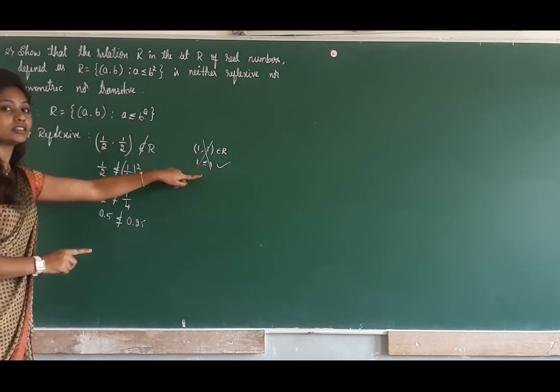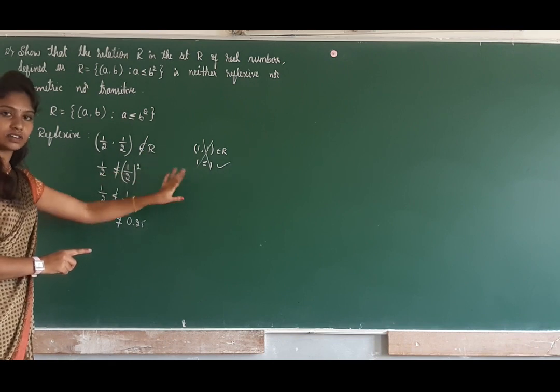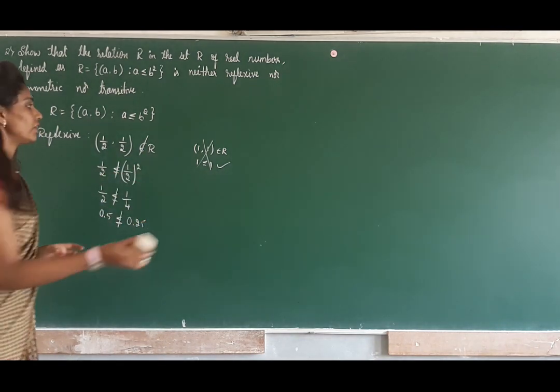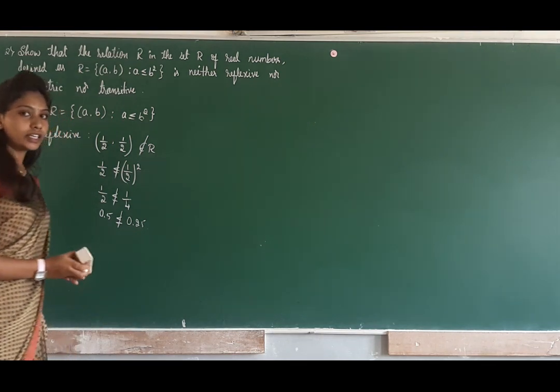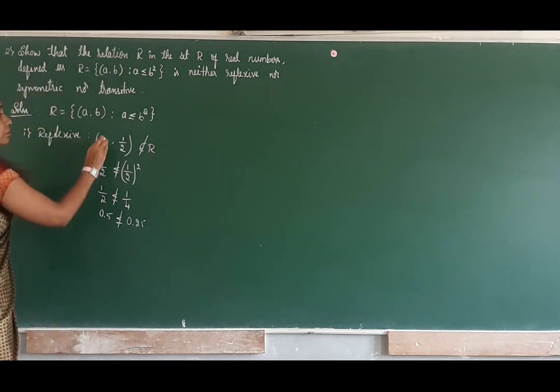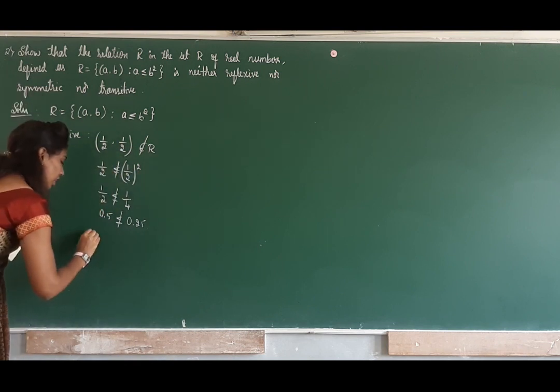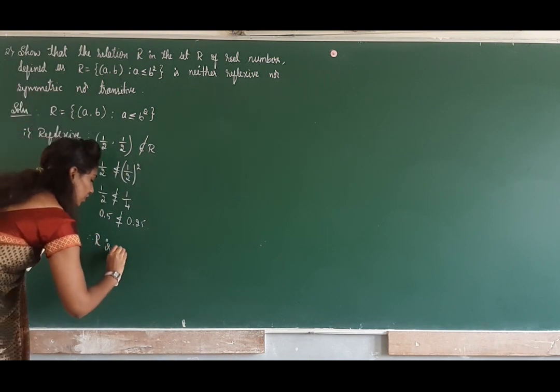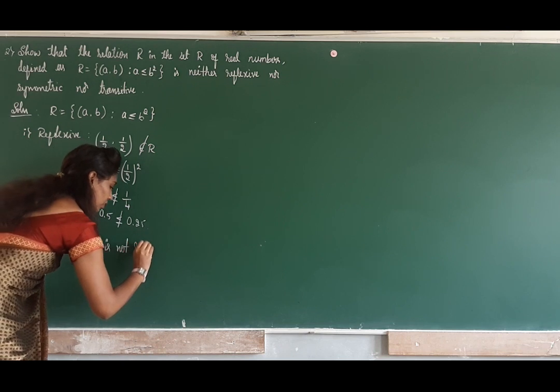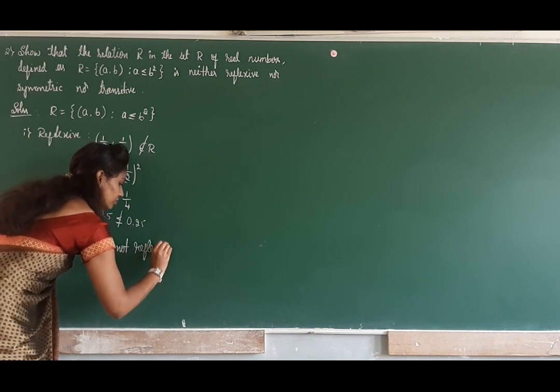If we take elements that satisfy the reflexive condition, that is wrong. So we cannot take (1, 1). The ordered pair (1/2, 1/2) does not belong to R. Therefore, R is not reflexive.